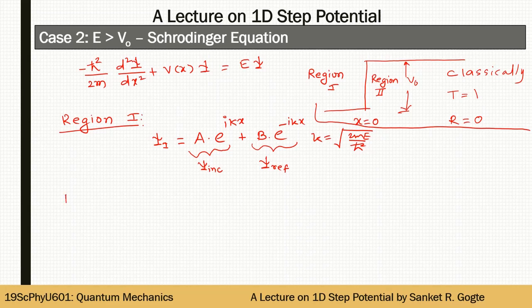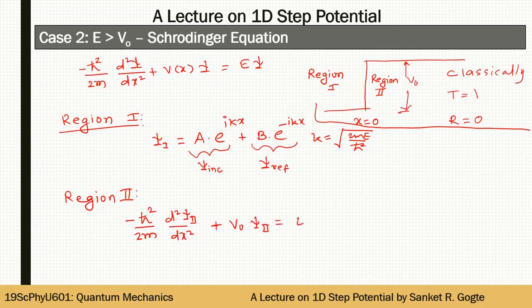In the second region, let's write Schrodinger's equation in region 2. Now it is minus h cross square by 2m d2 psi 2 by dx2, and the second term is no longer 0; it is rather plus V0 psi 2 is equal to E psi 2, where E is greater than V0.